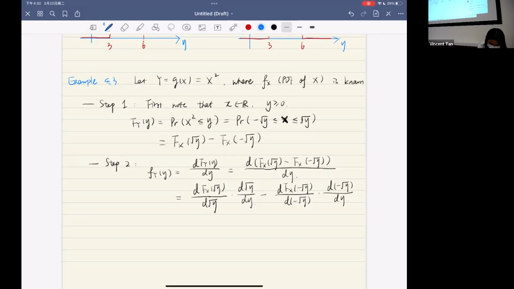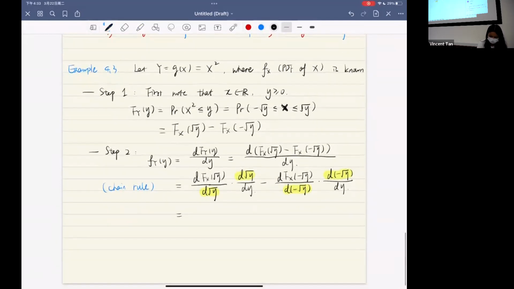We call this technique the chain rule, so that this differentiation can be calculated, because this part is just equal to the PDF of x at the square root of y.